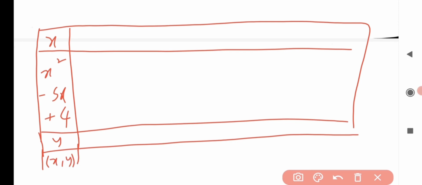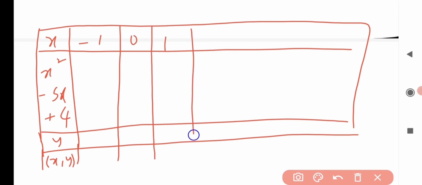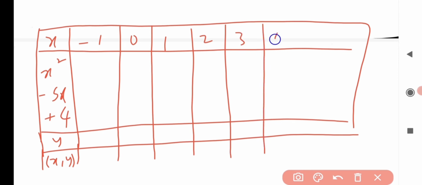Okay, so for x values you take negative values and positive values also. Here what are the zeros? 1 comma 4. So here I am taking one negative number, 0 1 2 3 4, and one extra number.